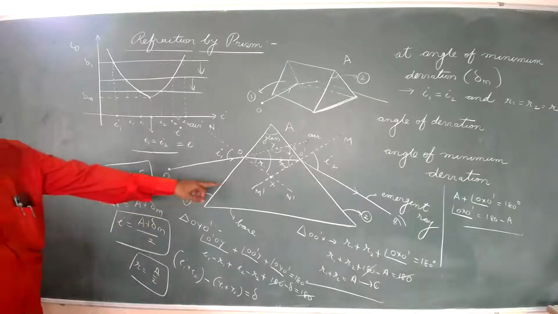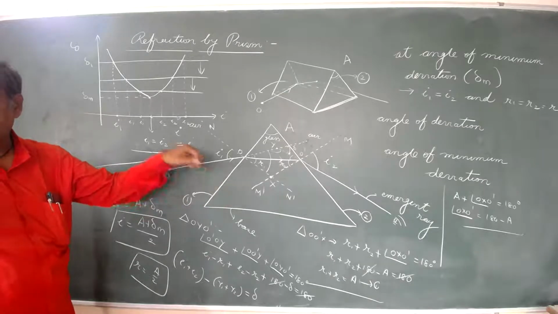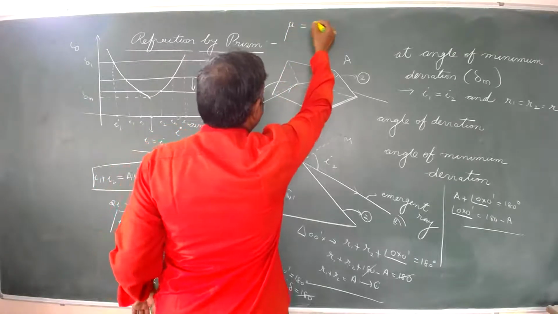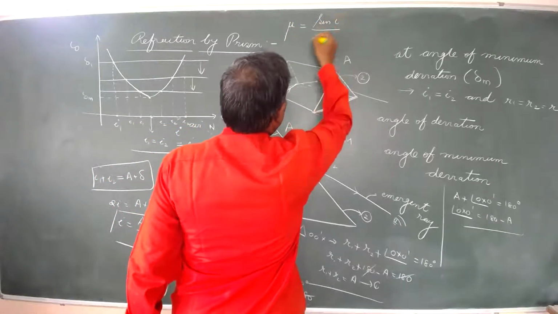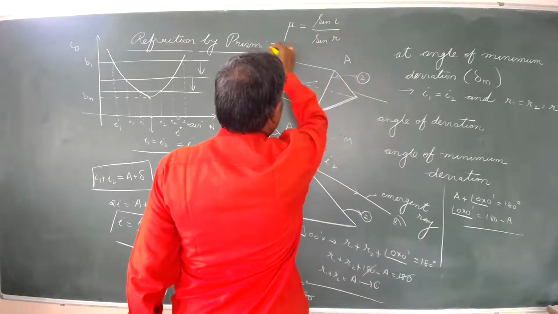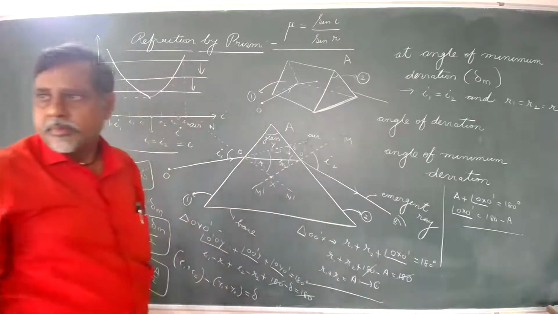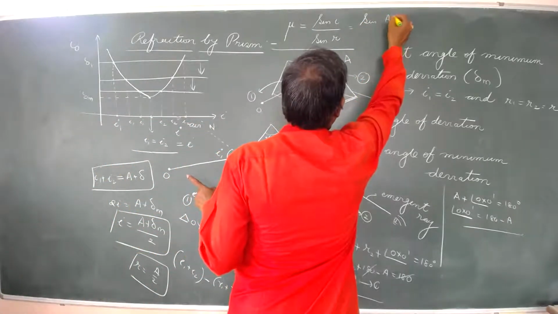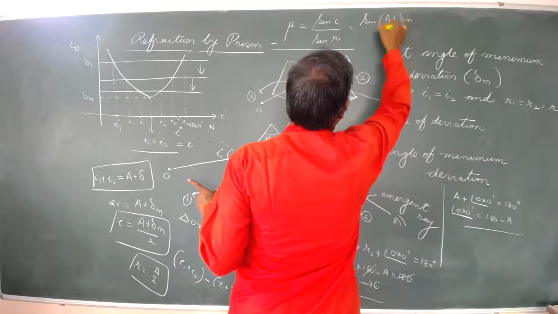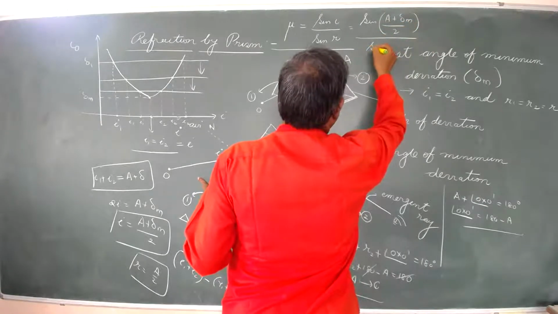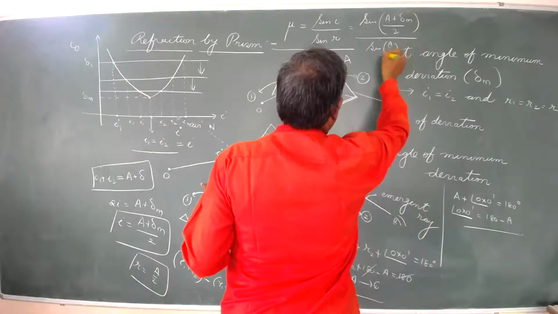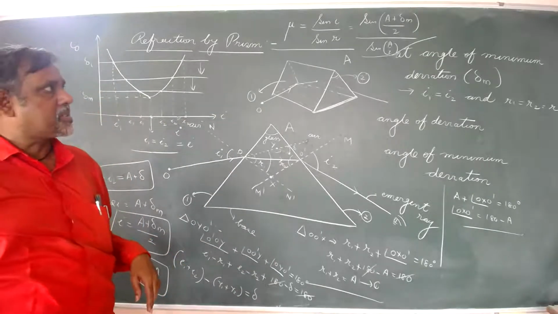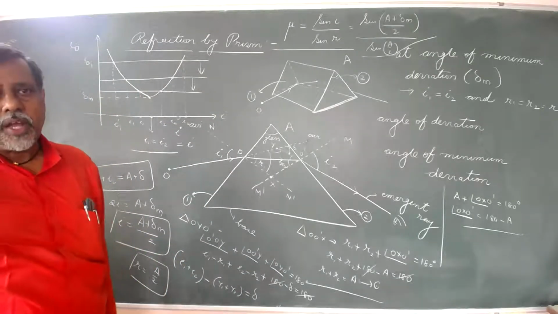Now, the refractive index of this prism we need to write. The refractive index of this prism, which is mu, by Snell's law, sin I by sin R. This is Snell's law, refractive index of glass prism. I value we have here, that is sin A plus delta m by 2, divided by sin A by 2, which is the R value.